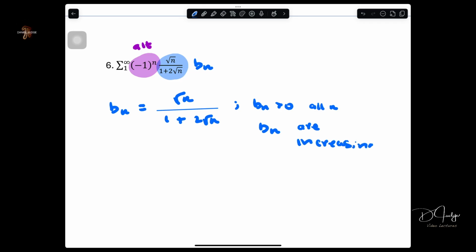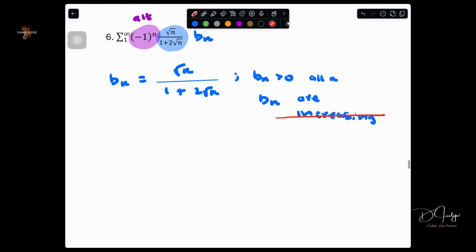So this does not satisfy the assumptions that we need. We actually can't apply the alternating series test in this case. So then you say, well, what do we do with this if we can't apply the alternating series test? I'm going to say, consider the divergence test.